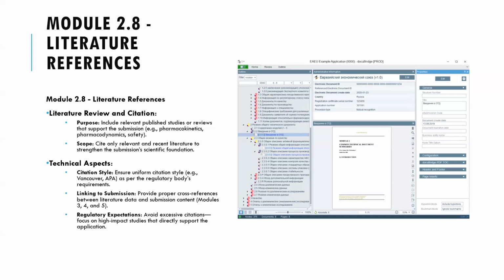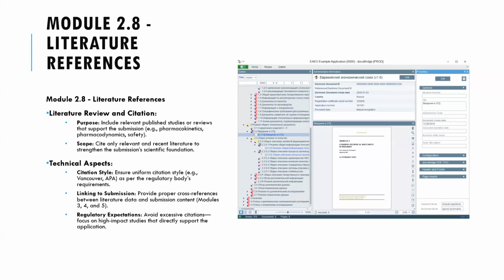Then the technical aspect of submitting literature references is the citation style. You need to ensure that a uniform citation style, example Vancouver or APA, as per the regulatory body's requirement, is maintained throughout the literature citing. Then linking to submissions. Provide proper cross references between literature data and submission contents, module 3, 4, and 5.